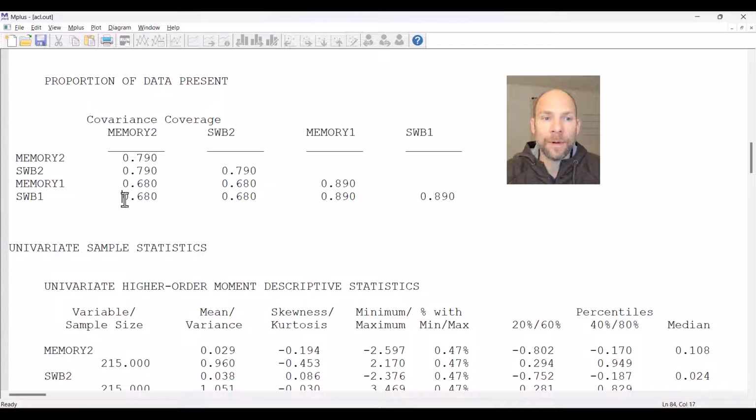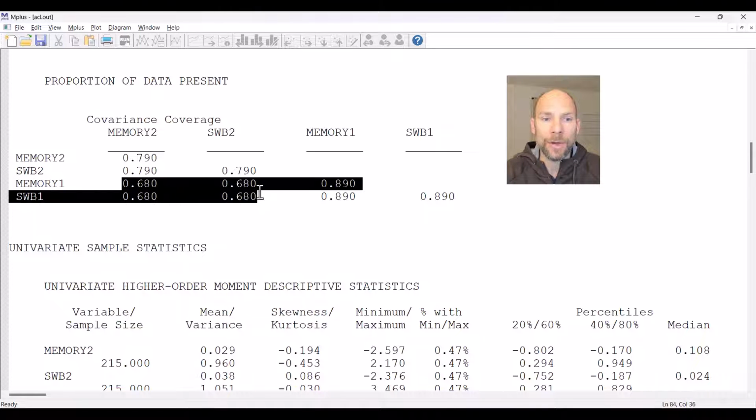The lowest one was 68% for these across-time covariances. There was the most missing data for the across-time covariances, because some individuals provided data only on either time 1 or time 2, and so they didn't provide any information to estimate those across-time covariances. But overall, this was still decent covariance coverage.